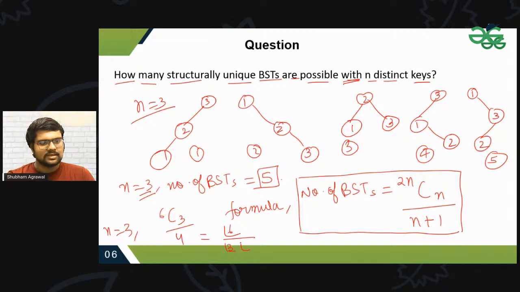So it will be 6 into 5 into 4 divided by 4, so it will be 5. Hence the answer that we are getting for n equal to 3 is 5, and we know that it is 5 because we have just calculated the BSTs for n equal to 3.